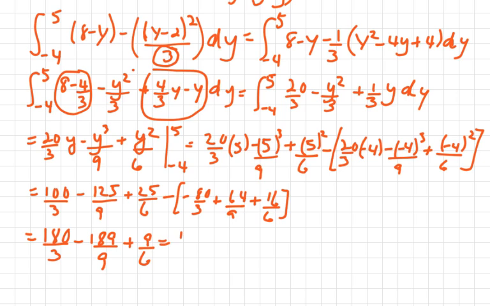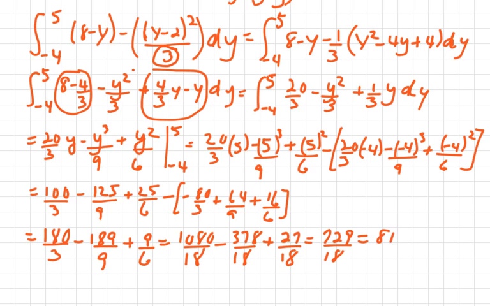So, getting a common denominator, which is 18, and converting all the fractions, it's just a lot of arithmetic. And I get 729 over 18, which reduces to 81 over 2. And that's the area of that region.